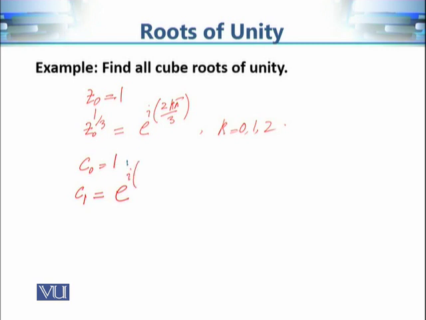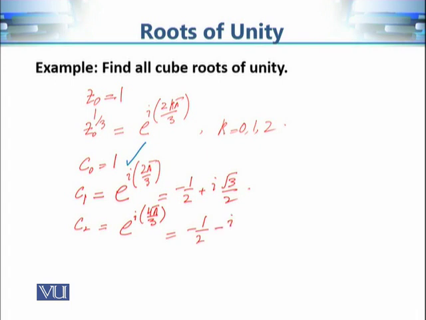So the first root is always going to be 1, and when k is equal to 1, we are going to get the following root: minus 1 by 2 plus iota square root 3 by 2. And the third root of 1 is going to be minus 1 by 2 minus iota square root 3 by 2. So these are the three cube roots of unity.